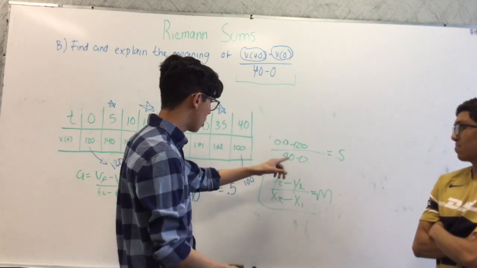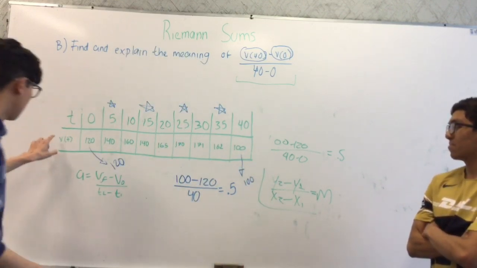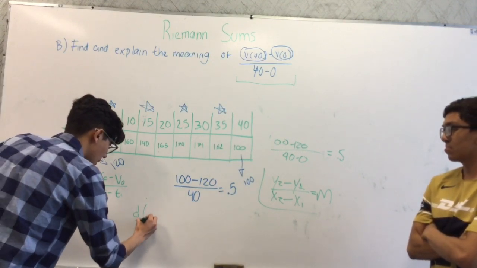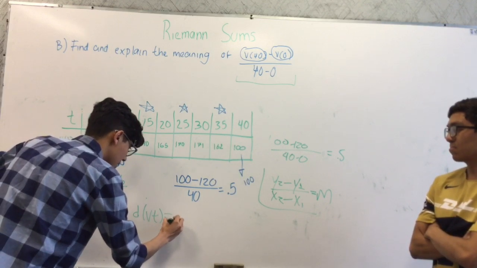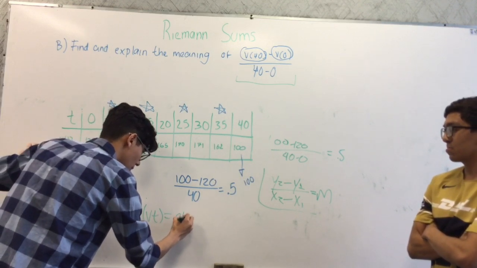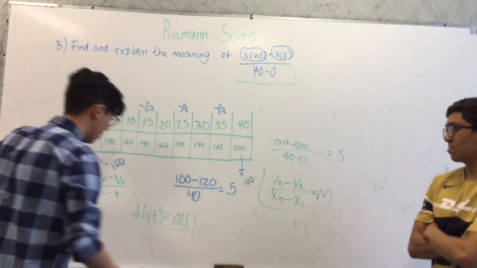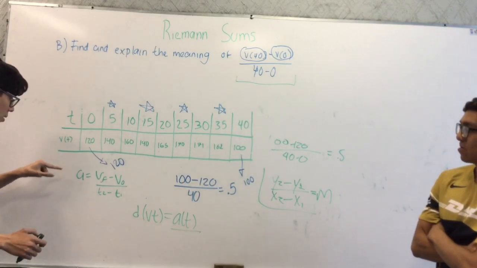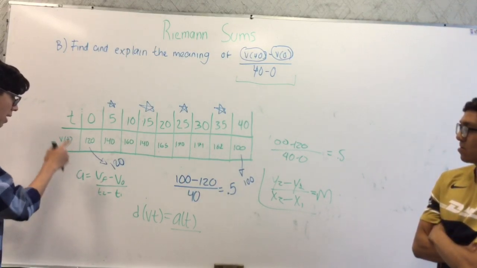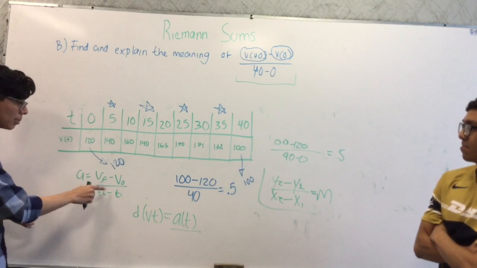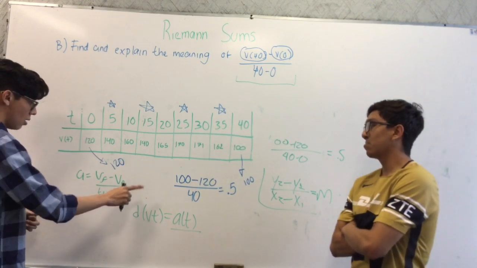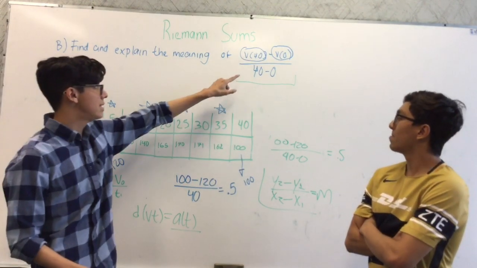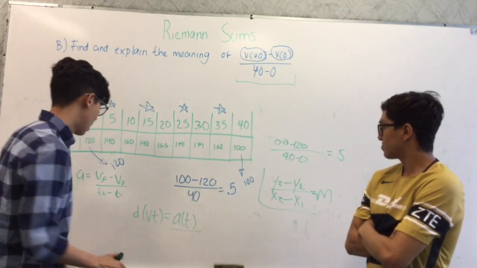So in this case, we got the derivative of v of t, and the derivative of v of t is a of t, that is acceleration, and we can prove this in this formula of acceleration. Acceleration is final velocity minus initial velocity over time 2 minus time 1, and we did it in this formula right here.